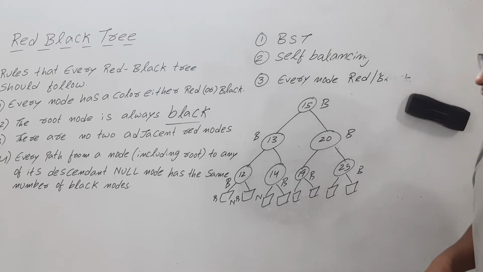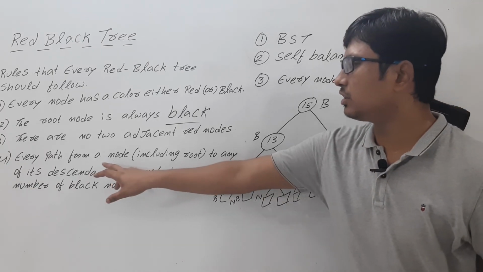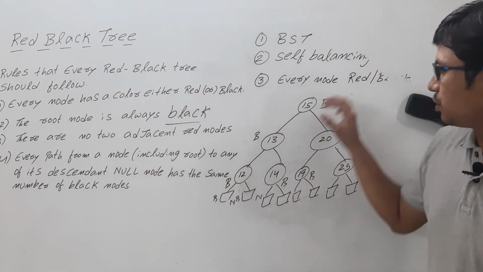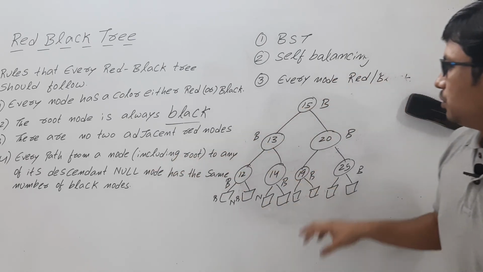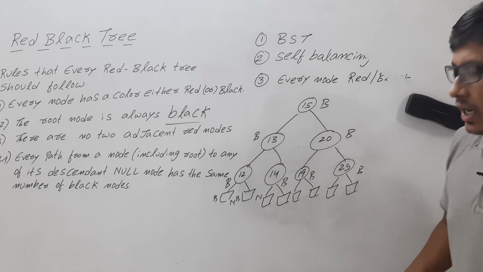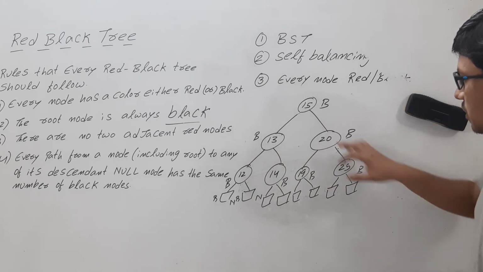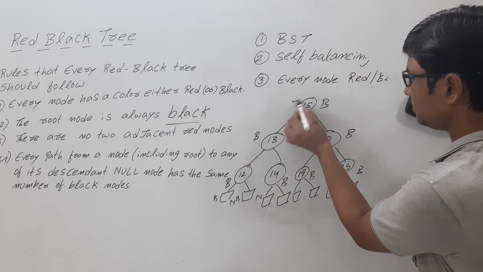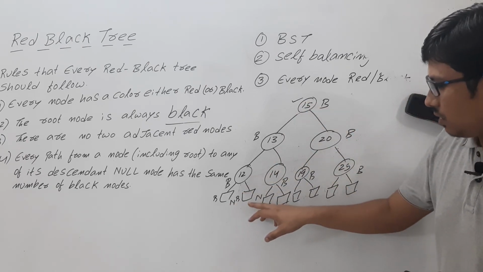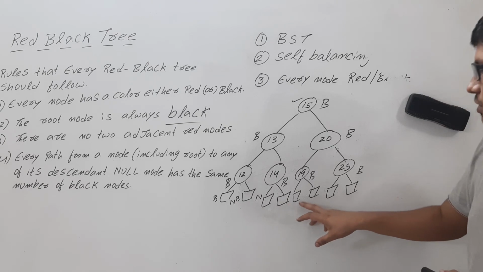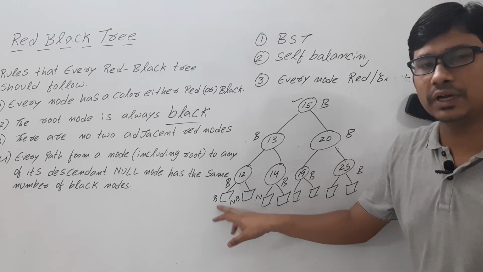What is this point? Every path from a node, including the root, what are the possible paths there? Suppose from this root node, you can go to this descendant null node or this one or this one, any of these you can go.